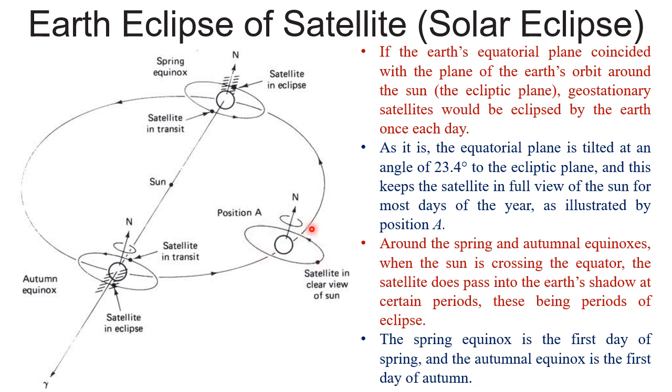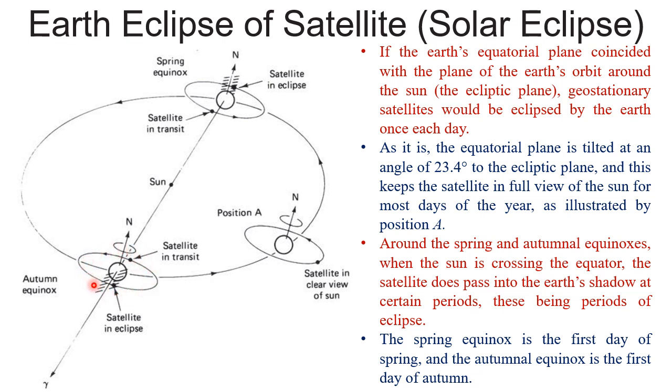So when will the eclipse appear? That is the question. The eclipse will appear when we have equinoxes. We have two equinoxes. One is the spring equinox and another is the autumn equinox.